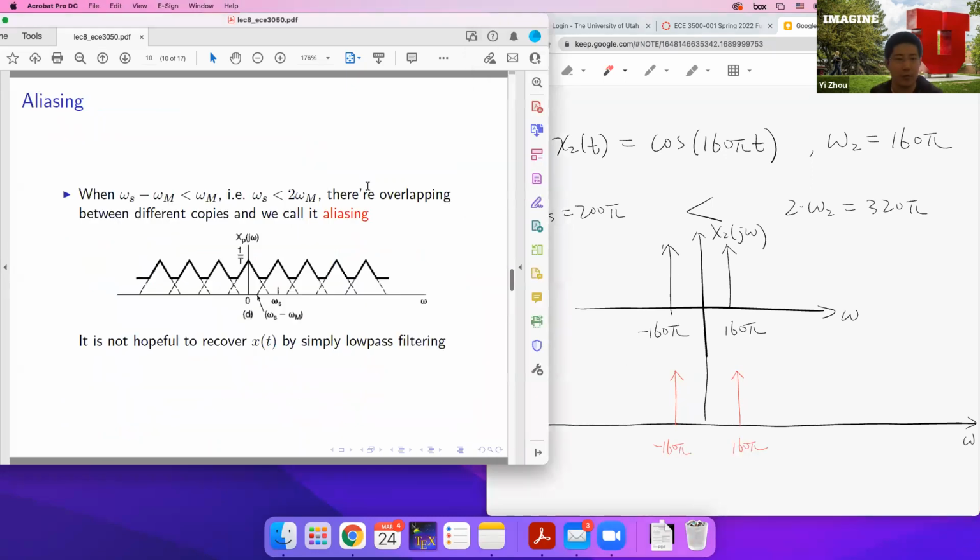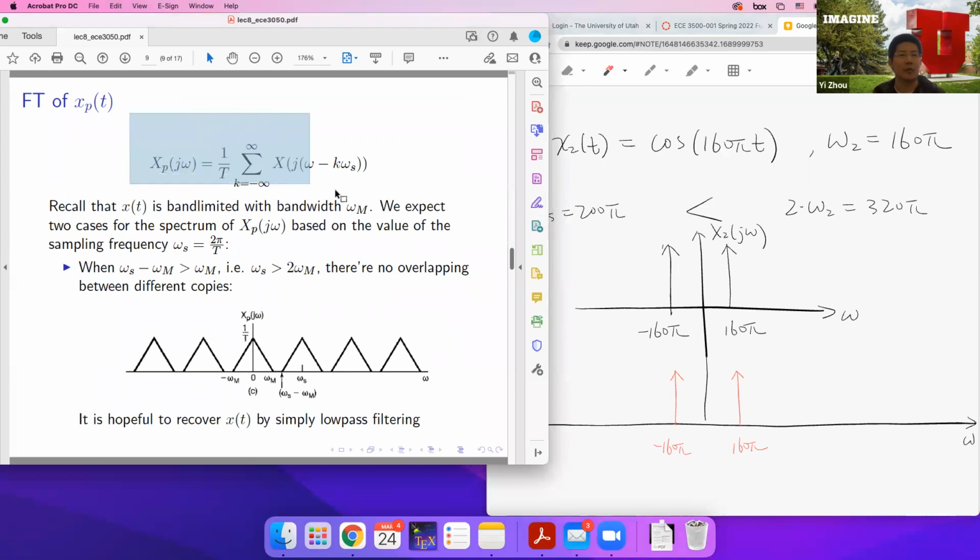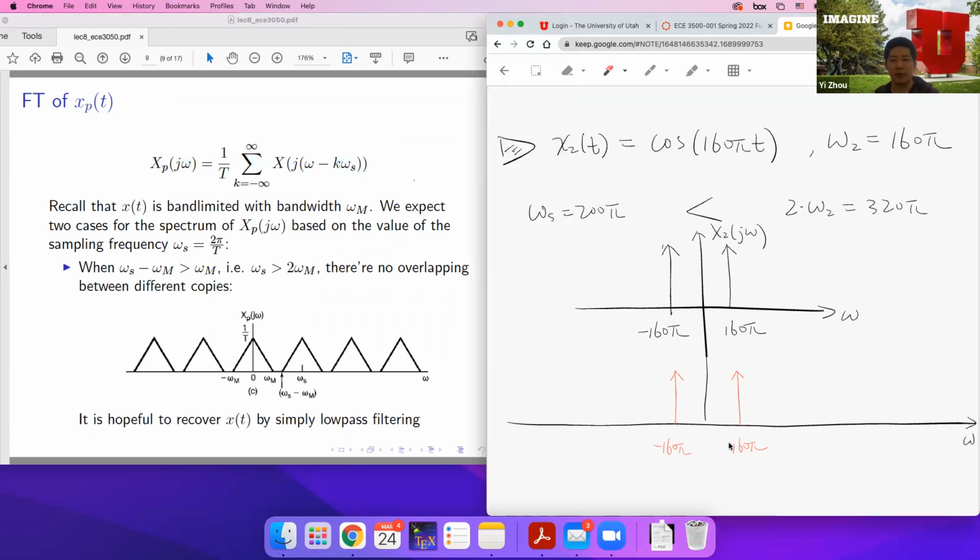Right, again, following this equation, when k equals 0, that's the first copy, which corresponds to the original spectrum. So it's the same thing here. But now, starting from the second one, we need to be a little bit careful. The second one is shifting this copy to the right, when k equals 1, by omega s.